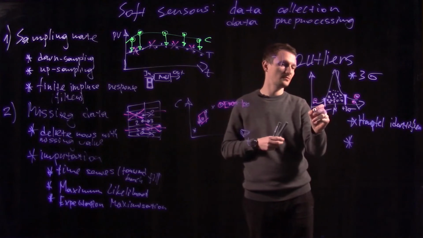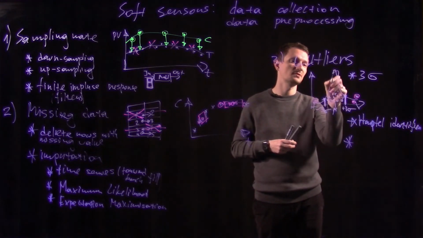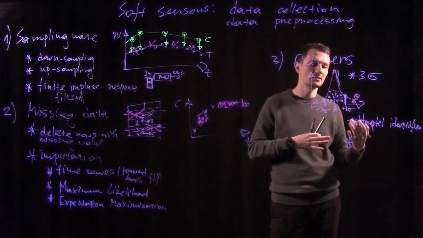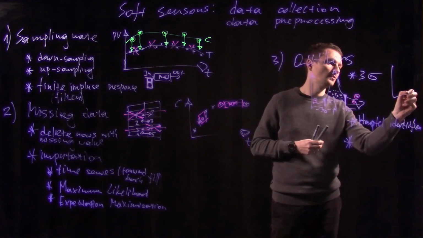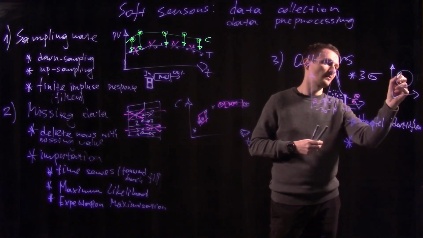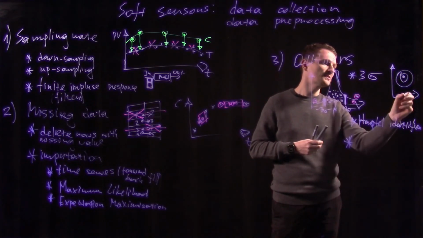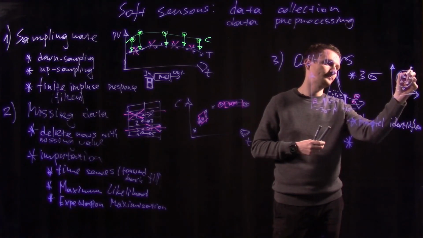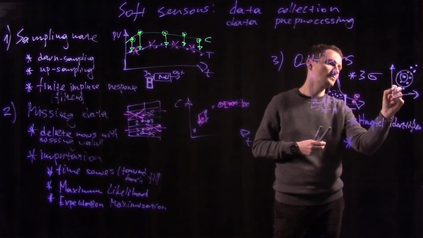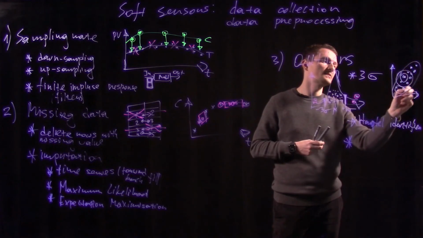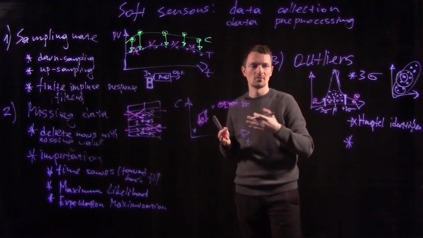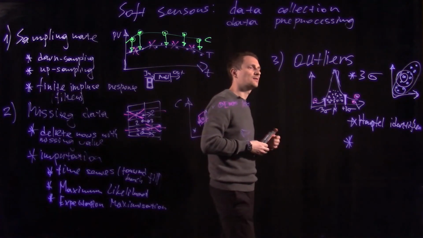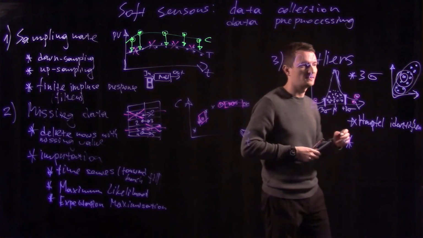Because you assume that you have a distribution here, and if you assume you have two dimensions, then it will look like something like that. But that's not true if you have, for example, data like this, because those are not outliers. It's like another scale for this dimension. And for such data, there are so-called multivariate techniques.